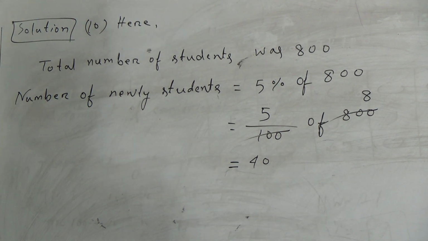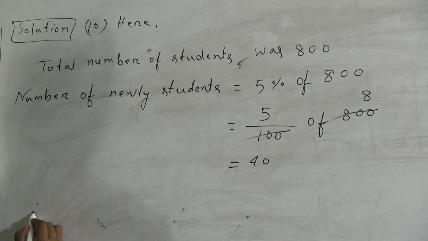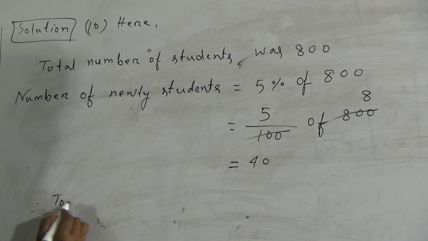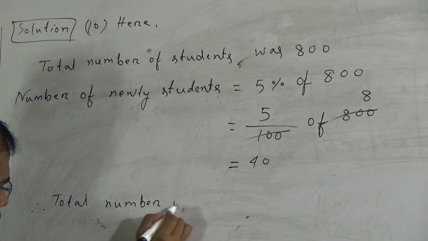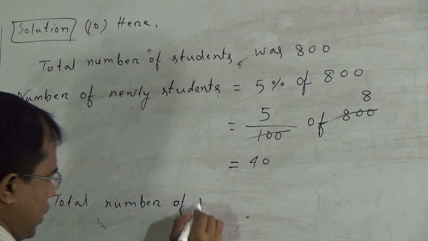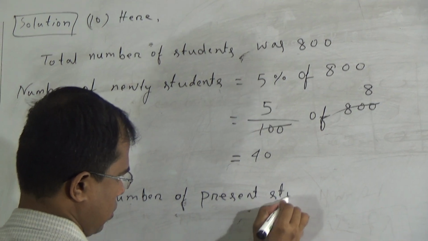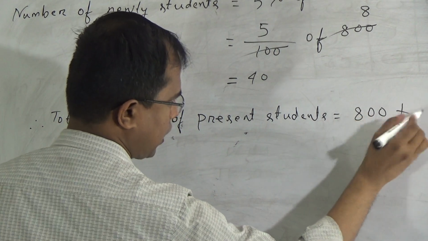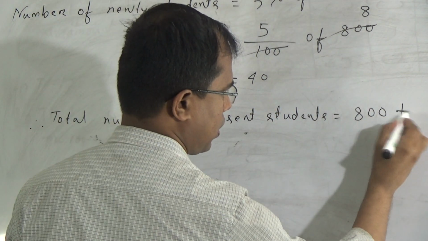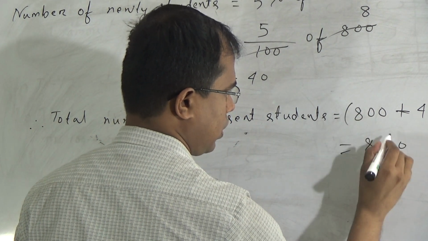Therefore, total number of present students is equal to 800 plus newly admitted students 40, and this is equal to 840.